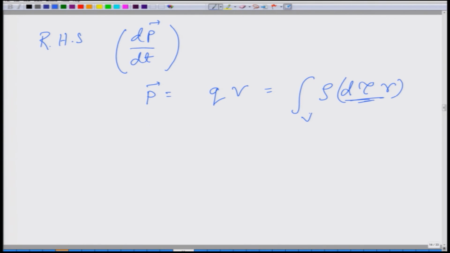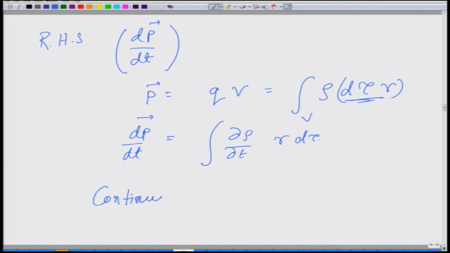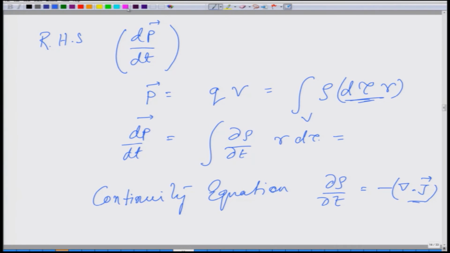So now I can write the RHS dp dt as the integral of del rho del t r d tau, and using the continuity equation, you can now write del rho del t as minus divergence of J. So I replace this by minus divergence J r d tau over a volume.